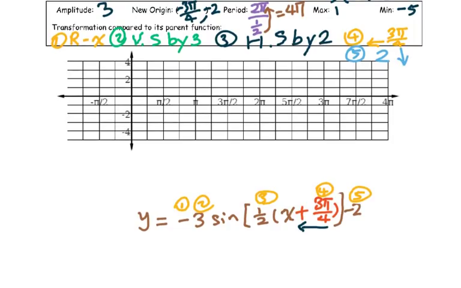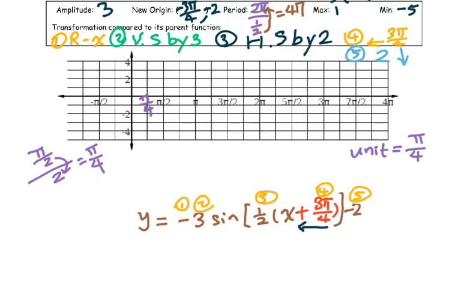Check the given graphing paper. That's unit equals pi over 2 divided by 2. That's pi over 4, because you do pi over 2 divided by 2. That's how you get the pi over 4.